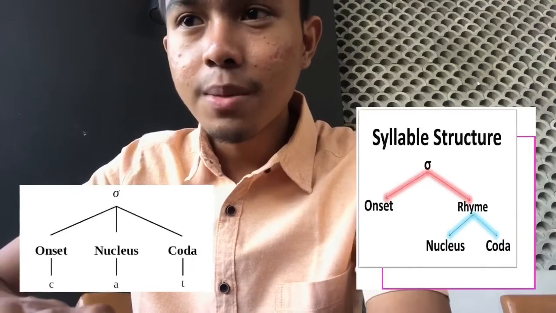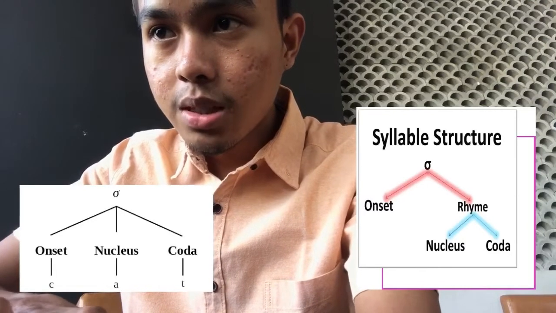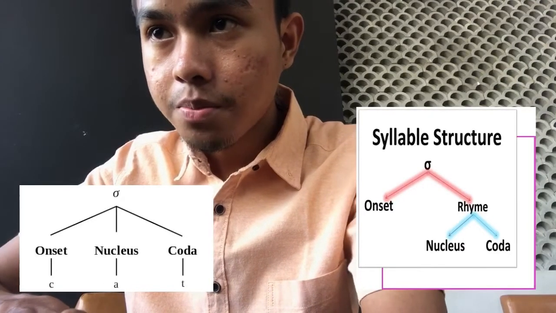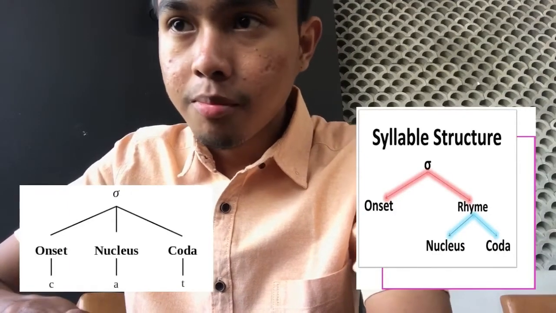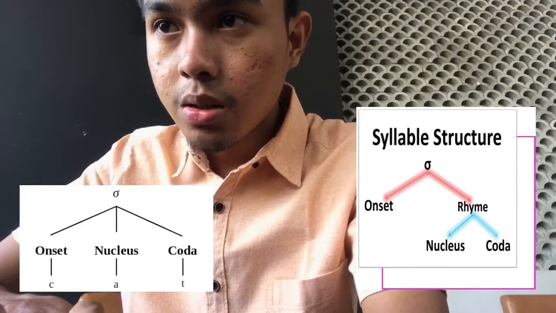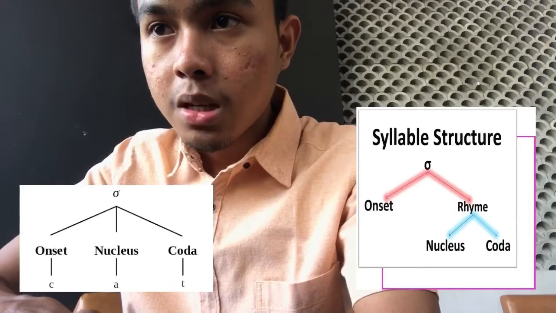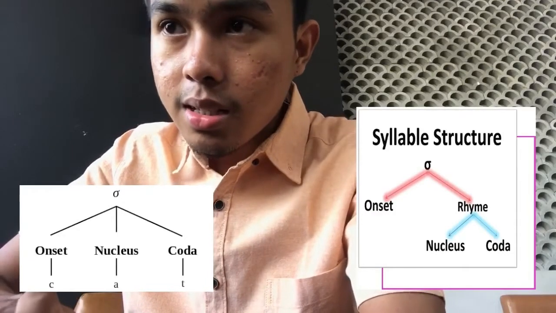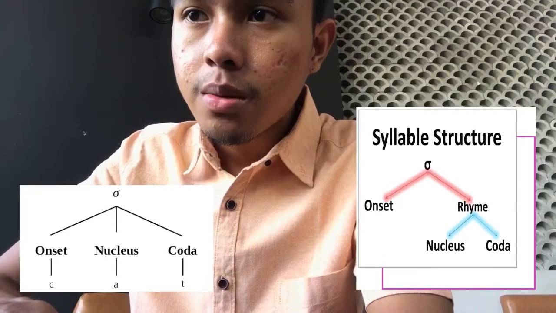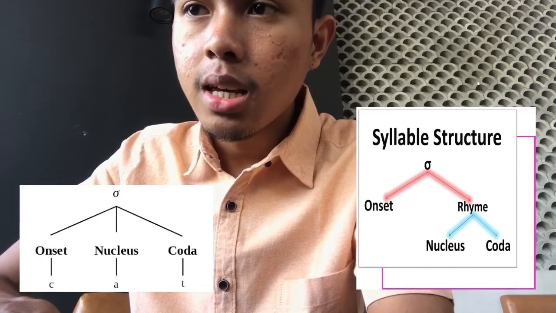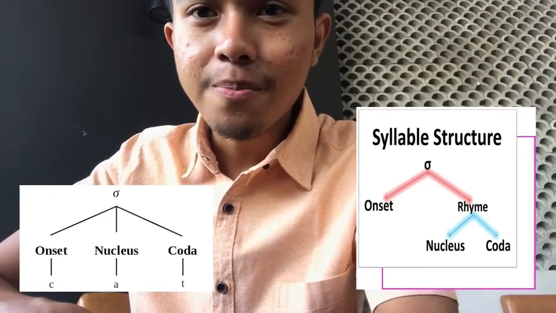Also, as you can see, here is sigma as a syllable. So onset, the rhyme is nucleus, coda. So let's see, the onset is C, and the rhyme is nucleus A. The rhyme coda is T. Since the onset is C, and the nucleus over here is A and coda is T, and both of this is rhyme.